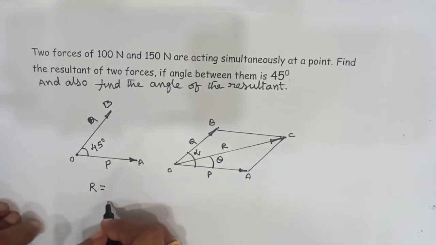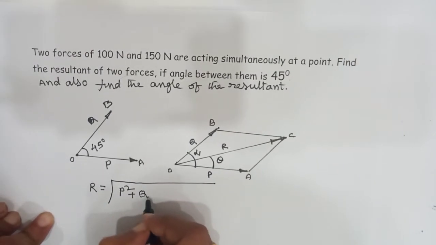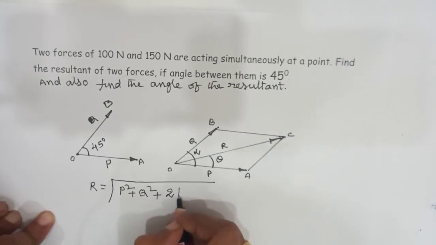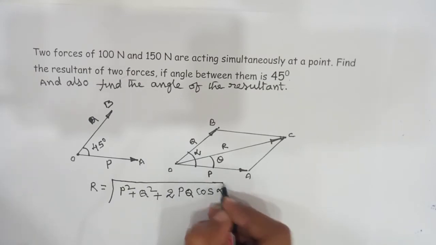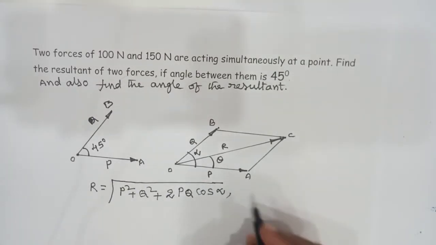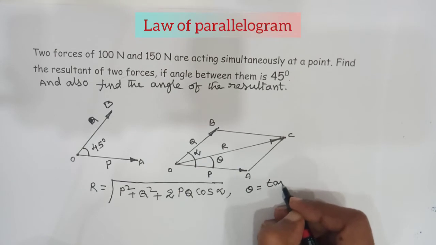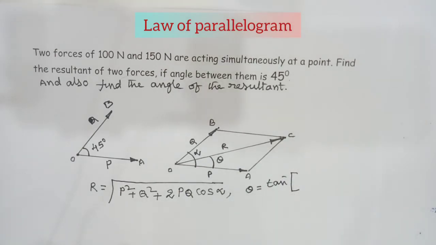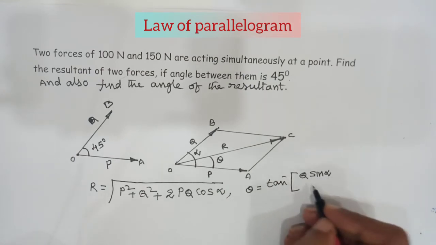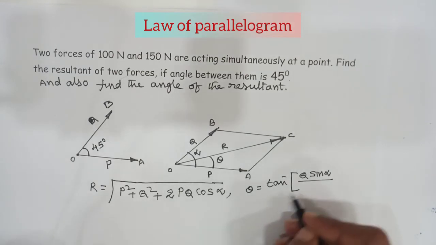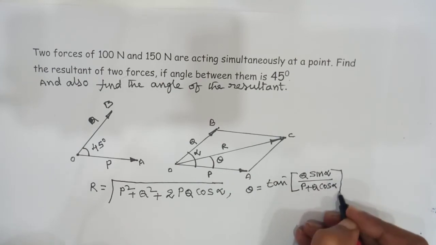R is equal to root of P square plus Q square plus 2PQ cos alpha, and for finding the direction of the resultant, theta is equal to tan inverse of Q sin alpha by P plus Q cos alpha.